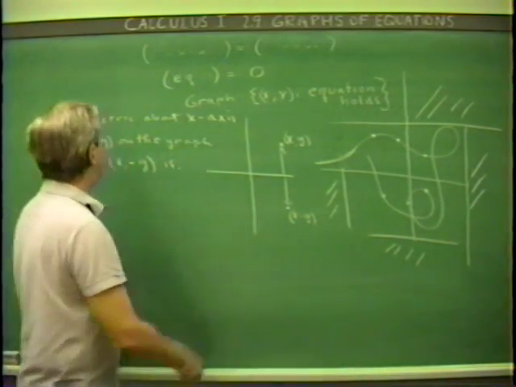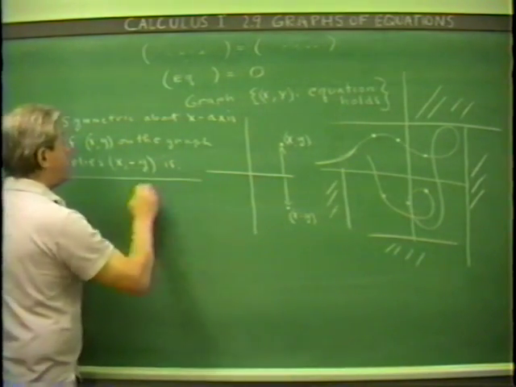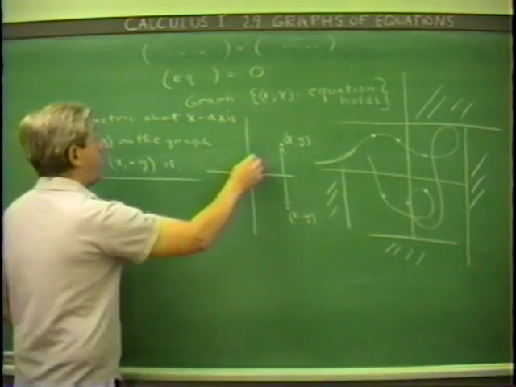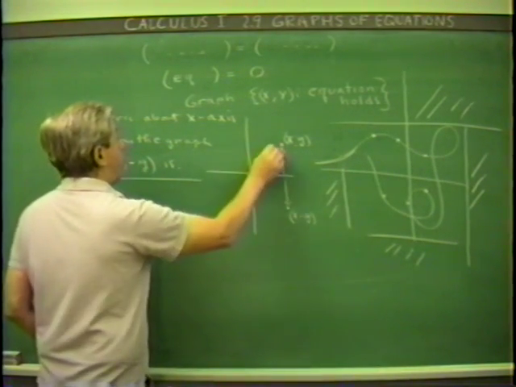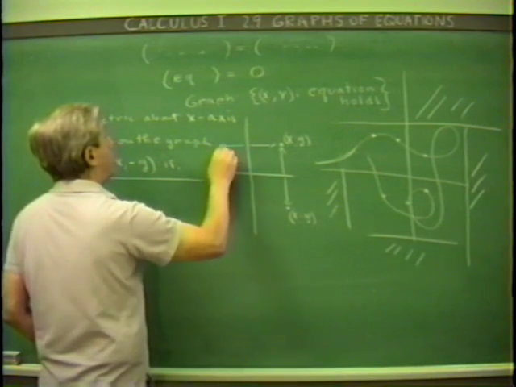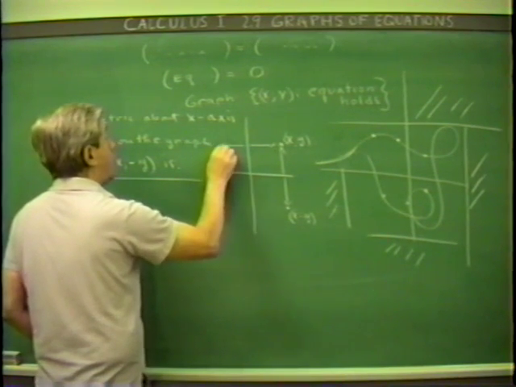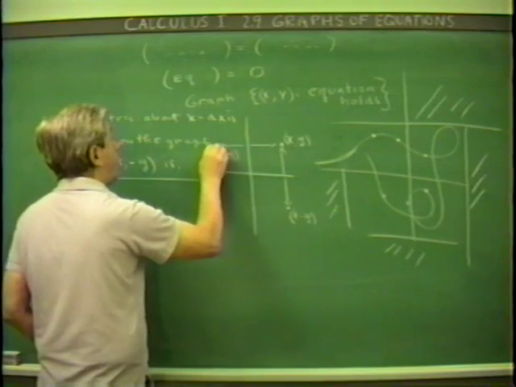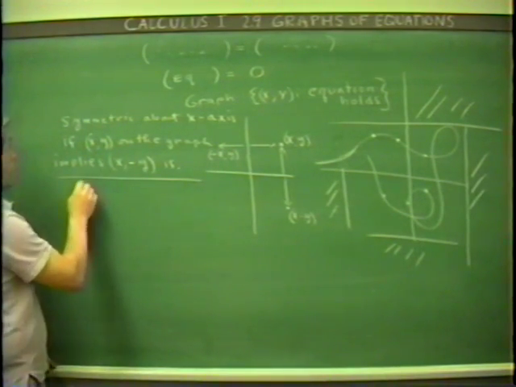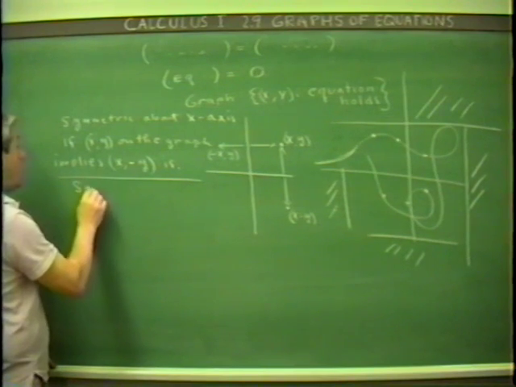A second symmetry that sometimes can be recognized is the symmetry about the y-axis. If whenever x, y is on the graph, then minus x, y is on the graph, then you'll have symmetry about the y-axis.